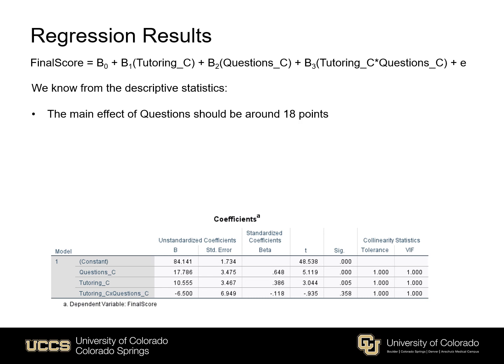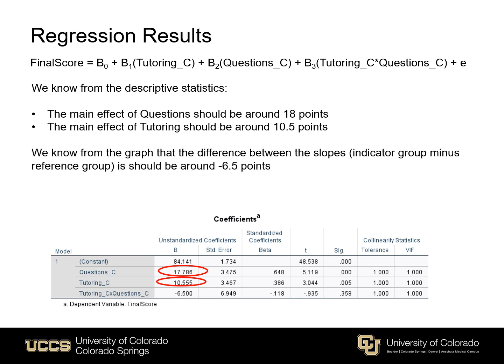Now, here is the output from the interactions model we just ran, and we see that the coefficient, which would be B1, or excuse me, B2 for questions, is 17.78, which is approximately 18 points. Likewise, we found from comparing descriptive statistics that our main or overall effect of tutoring should be around 10.5 points. And we see that is also true in our regression output.